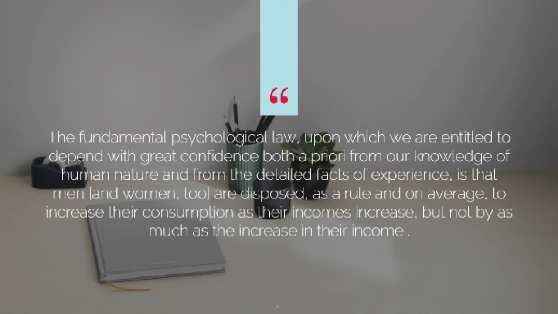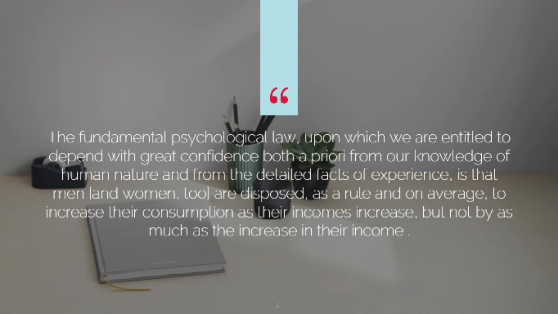Keynes is telling us two things in this quote. First, if you find your income going up, you will spend more than you did before. But Keynes is also saying something about how much more you will spend.